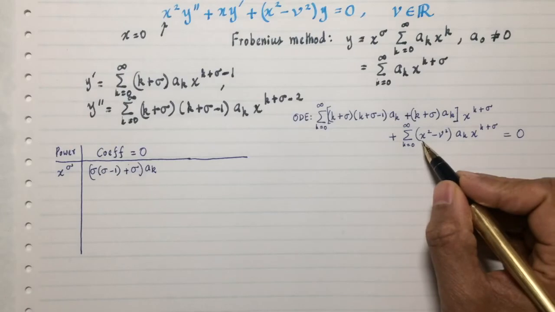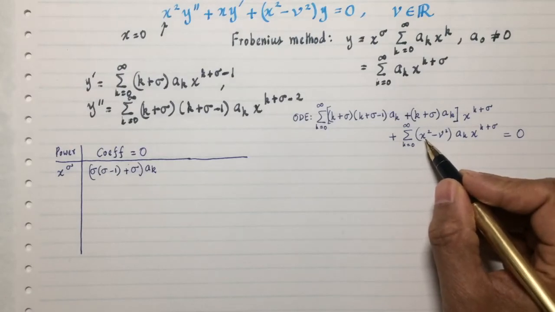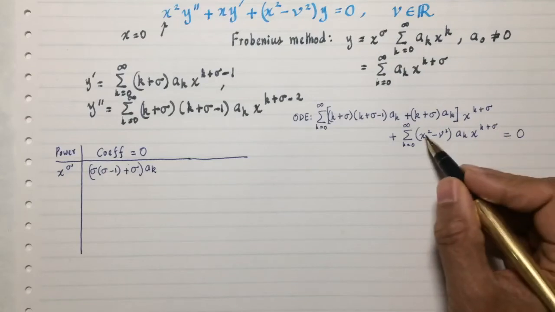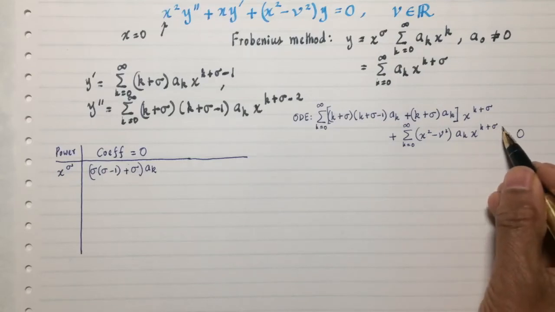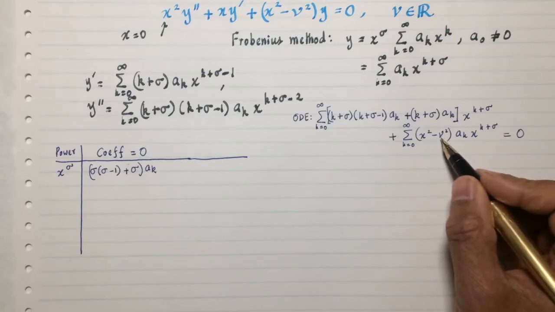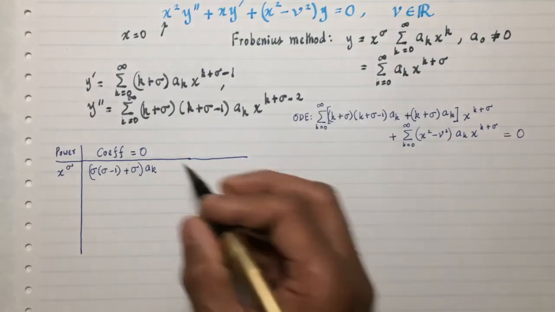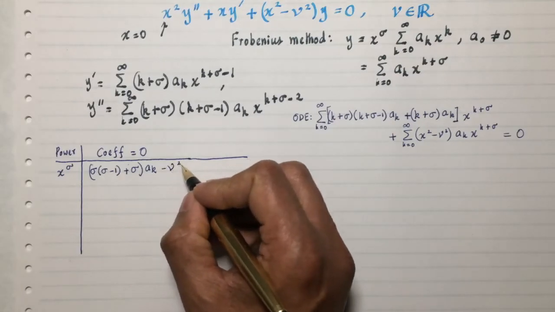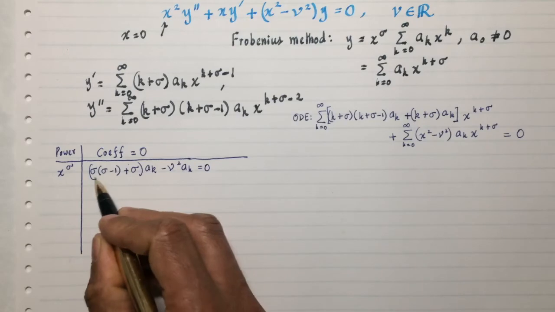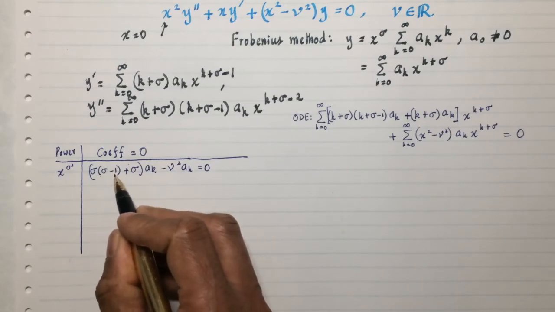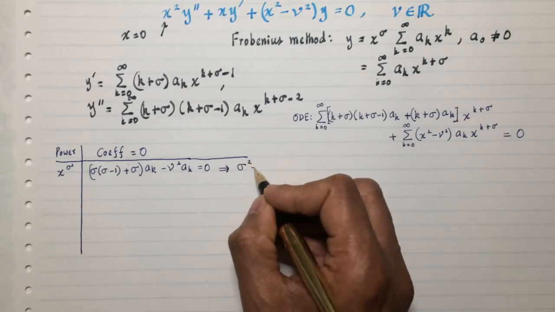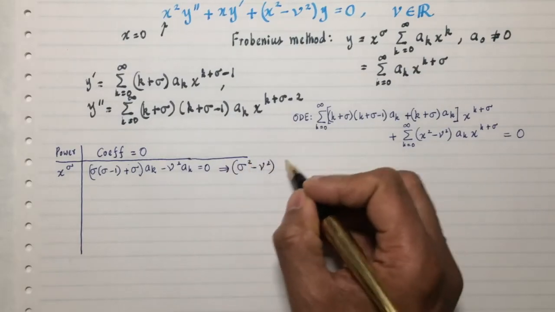Now here the lowest term for the x squared multiplying it would be x to the k plus sigma plus 2, because x squared would add to the exponent. So you don't get any contribution from here. From nu squared you just get a contribution of negative nu squared a_k. And all this must be equal to 0. Now notice that sigma squared minus sigma plus sigma is just sigma squared. So this gives me sigma squared minus nu squared times a naught equal to 0.